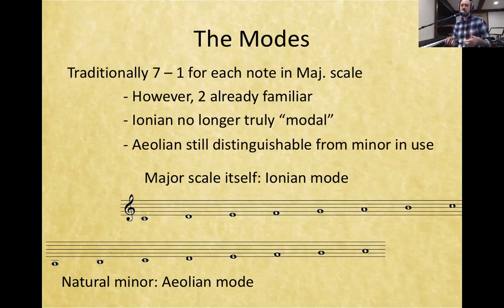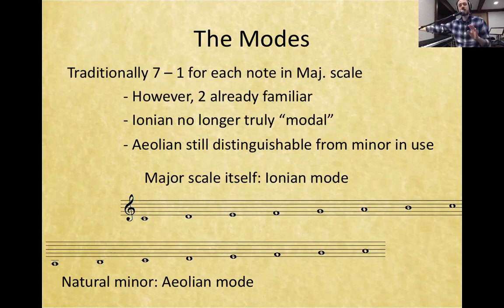And Aeolian, we get a little bit more of a connection with that because we know, think about the way that we use the harmonic minor and melodic minor constructs. We've done a lot to adjust minor in the way we use it that gives it a really specific sound. And so if we avoid those things, if we don't raise the leading tone in particular, we can make natural minor still feel like a minor scale, or a mode.